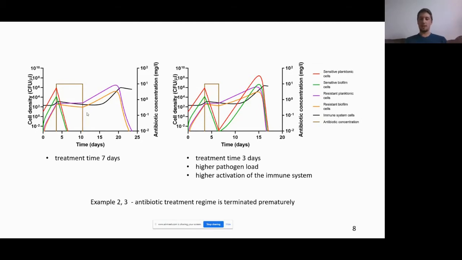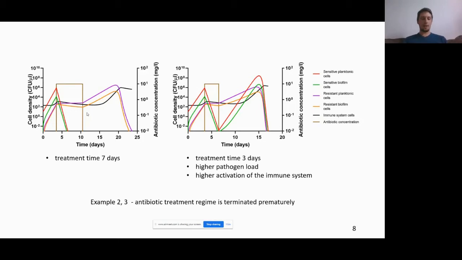So in the right figure, the antibiotic treatment lasted only for 3 days, as compared to the left figure, where the treatment lasted for a commonly prescribed full course of 7 days.